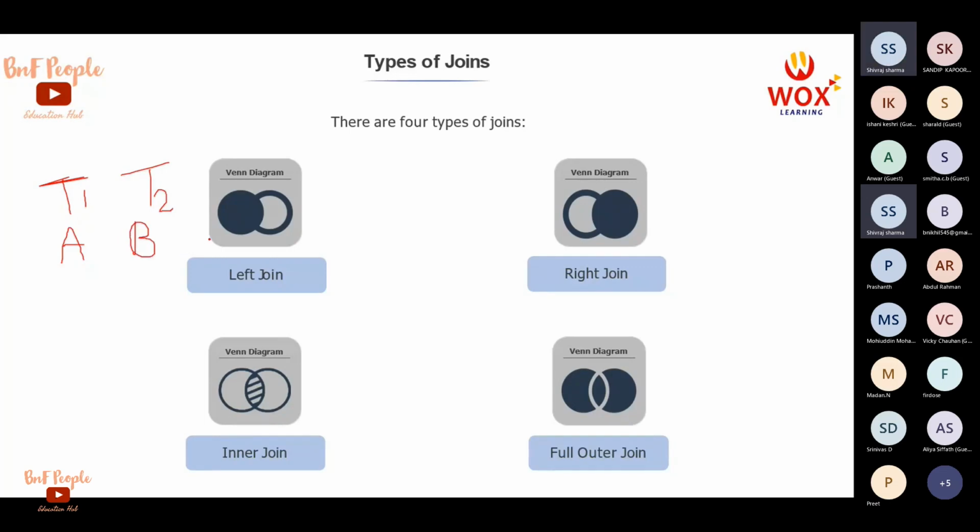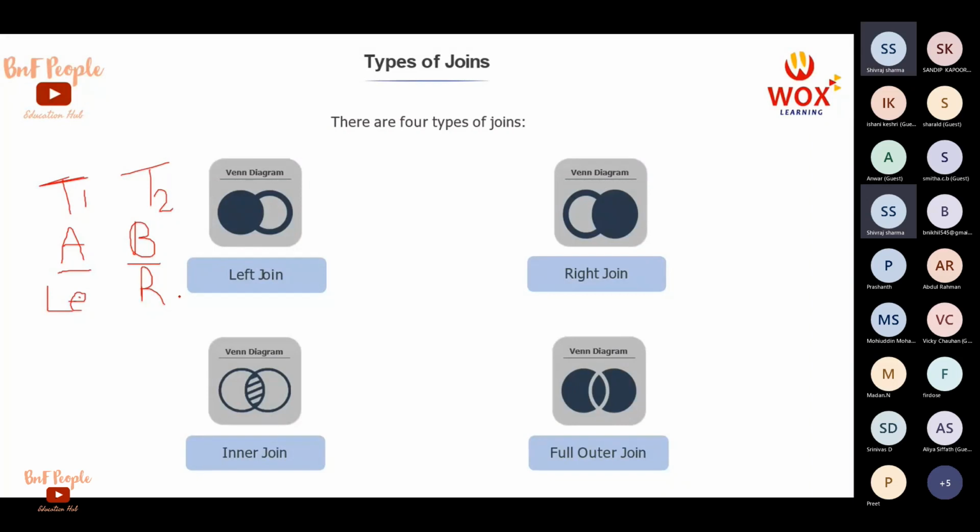So if they have two tables, table A and table B, we will say your table A is on your left, and table B is on your right.